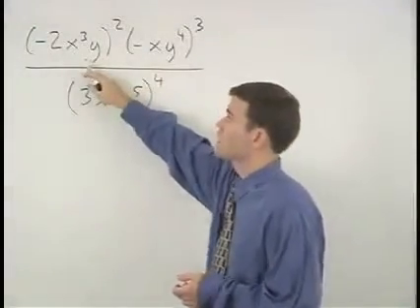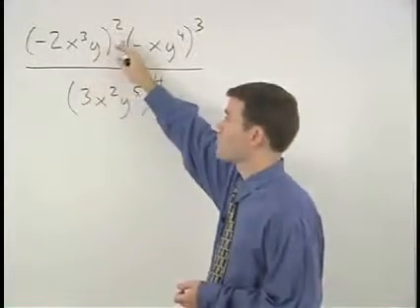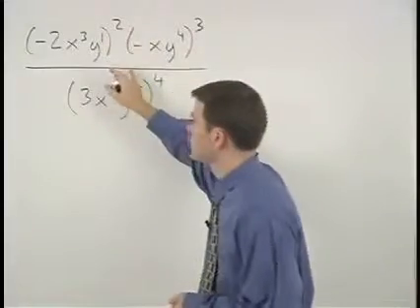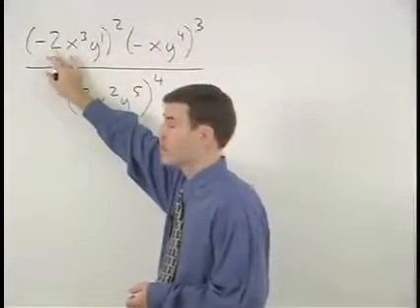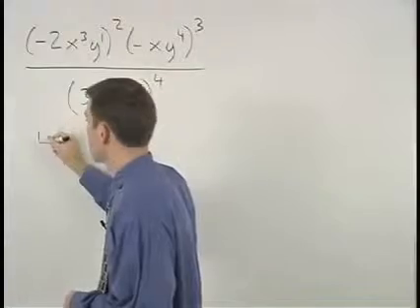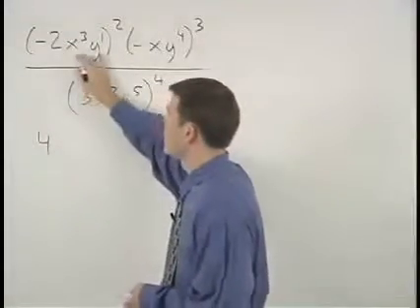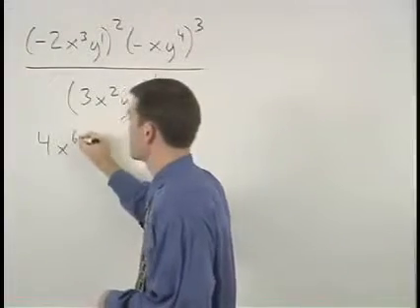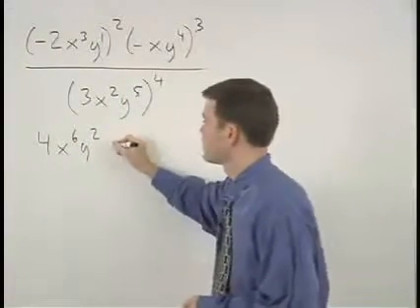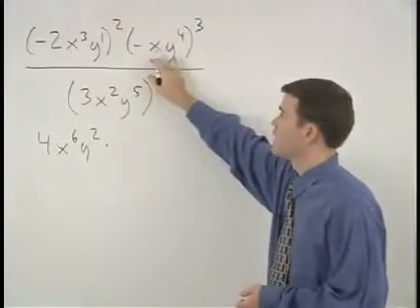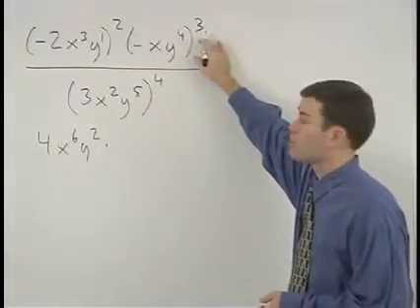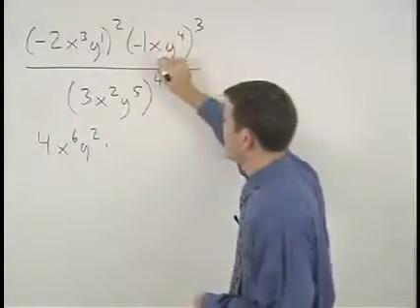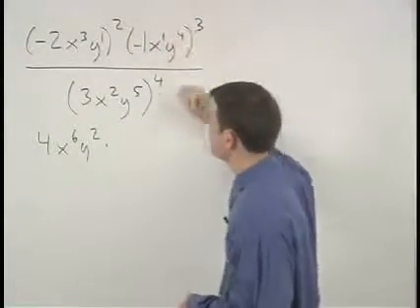To simplify negative 2x to the third y squared, think of y as y to the first and square the coefficient of negative 2 to get positive 4 and multiply each of our exponents by 2 to get x to the sixth y squared. This is all multiplied by negative xy to the fourth cubed, and think of the negative as negative 1 and x as x to the first.